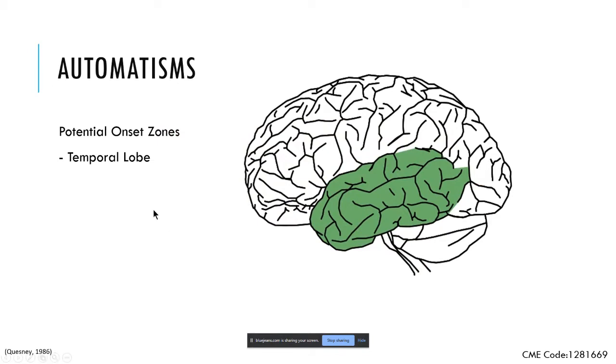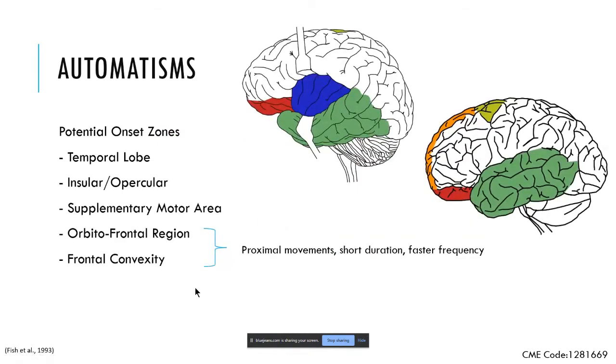More recent studies have expanded this to show that activation of the insulo-operculum, frontal convexity there in orange, the insulo-operculum in blue, temporal lobe in green, the supplemental motor area in yellow, and the orbitofrontal region can all be seizure generators that initiate automatisms.